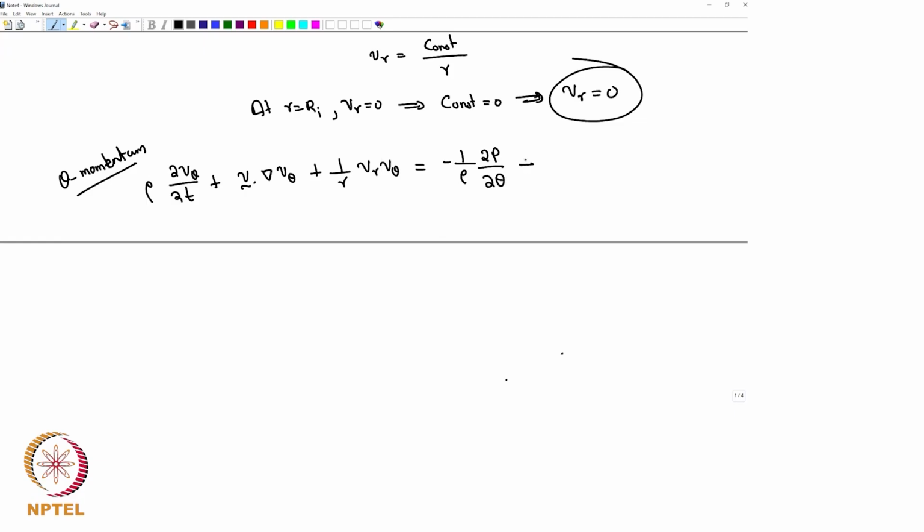Then you have the pressure gradient term, which is minus 1 by r dou p by dou theta, plus the viscous term, which is mu, the dynamic viscosity, times del square v theta minus v theta by r square plus 2 by r square dou v r by dou theta. So that is the theta momentum equation.